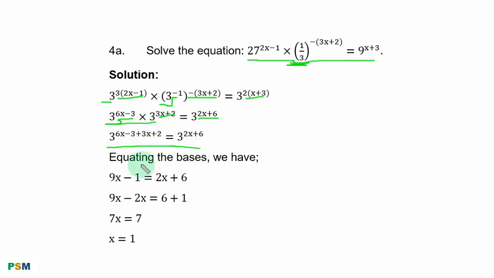After that, you equate the bases and you have the powers remaining. 6s plus 3s equal to 9s minus 3 plus 2, so you have minus 1 equal to 2s plus 6 in this form. You collect like terms. You have 7s equal to 7. Divide through by 7. s is equal to 1.